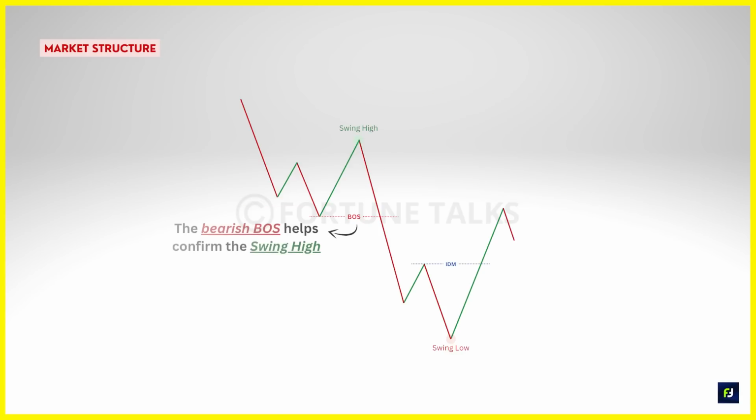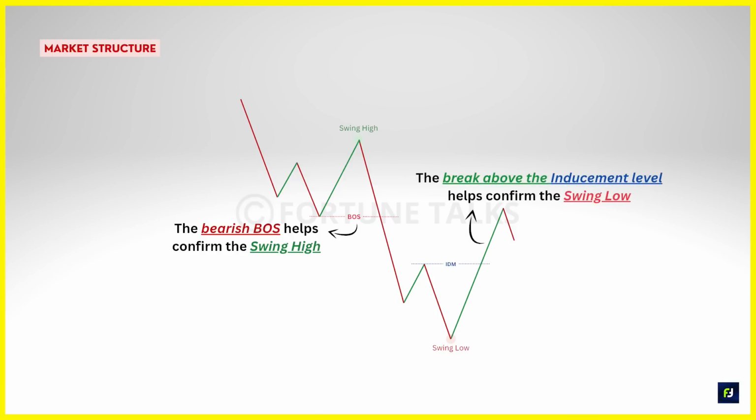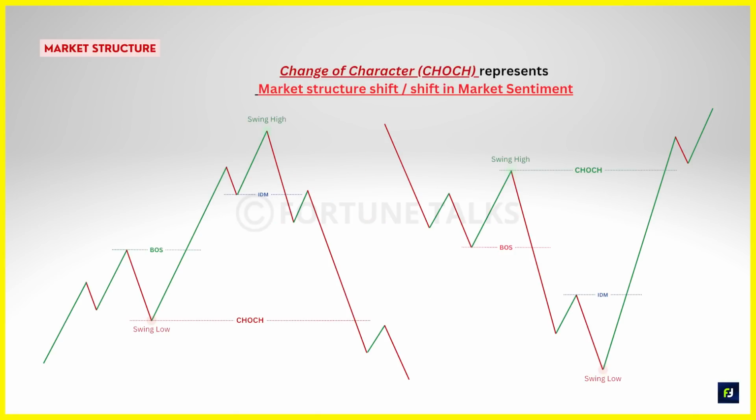Likewise, the break of structure is the most important element in the estimation of a swing low, and for the estimation of a swing high, it is usually the price pullback above the inducement level. The change of character or market structure shift is another important element of market structure that signals a change in the dominant trend's nature. But one of the key components of dealing range is selecting the proper swing highs and lows.